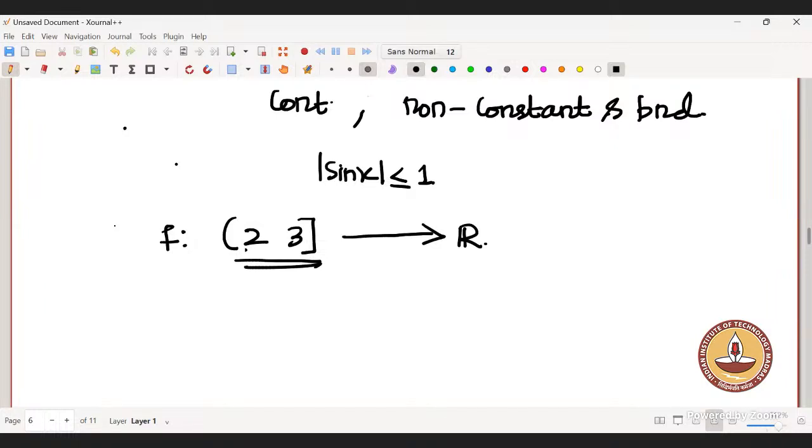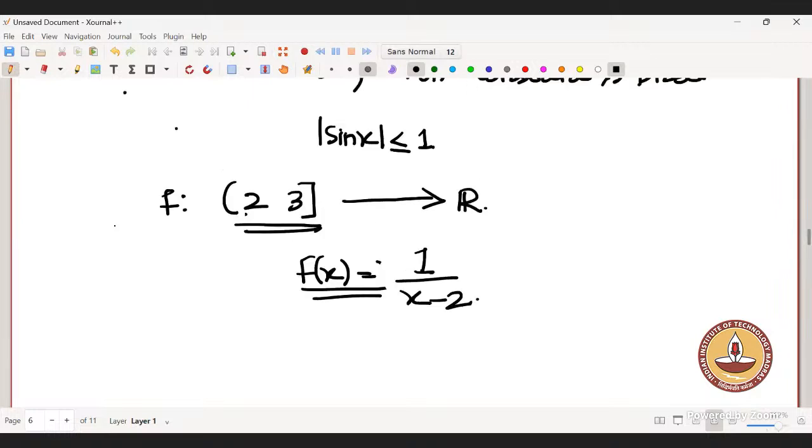Y is equal to x. f of x equal to x. Yes, sir. Do you think this is an unbounded function in this domain? No, sir. Think about this one: 1 by x minus 2. Do you think this is unbounded? Yes, sir.